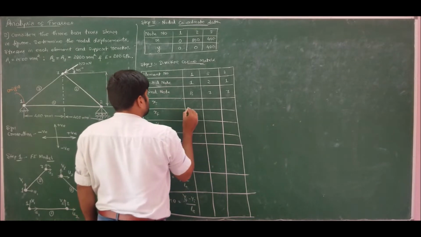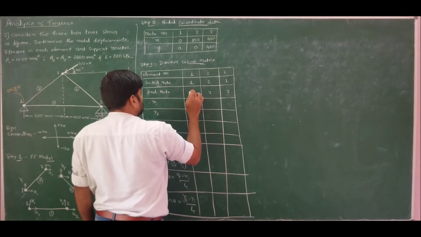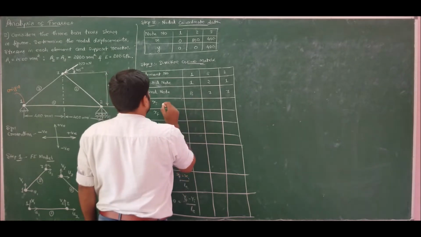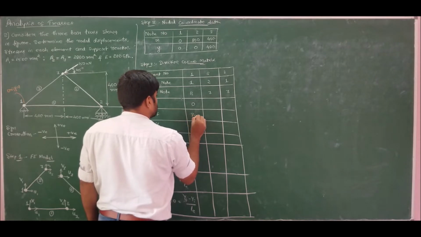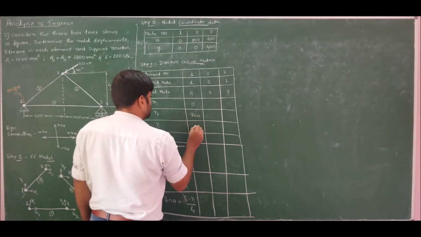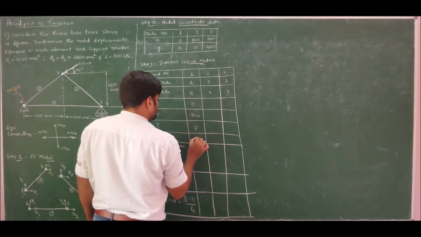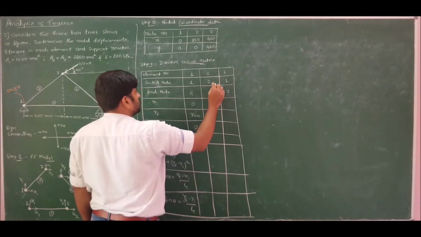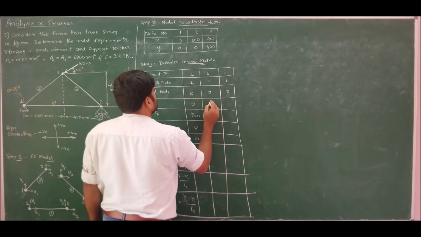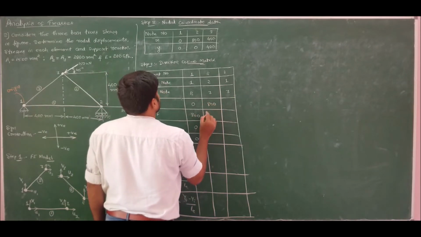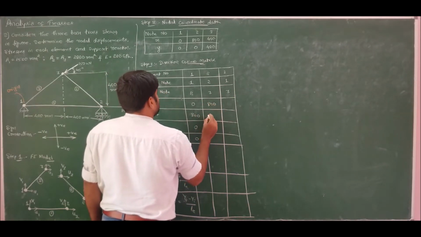So now x initial, that is x1, y1, x2, y2 is what I should write. x1 is 0, x2 is 800. y1 is 0, y2 is 0. Similarly for element 2 I should read x2, x3, y2, y3. So x2 is 800 and x3 is 400.